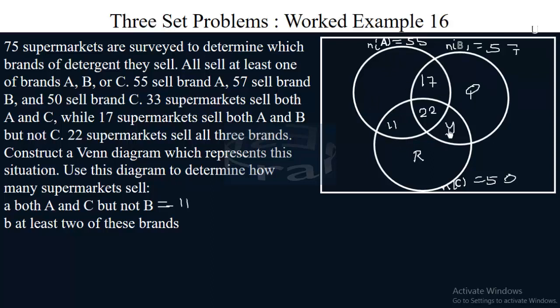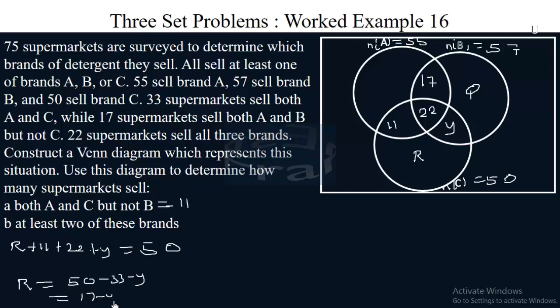So let's concentrate on only these 2 regions. This whole region will give us 50. So R plus 11 plus 22 plus Y is equal to 50. So R is equal to 50 minus 33 minus Y, and this gives us 17 minus Y.